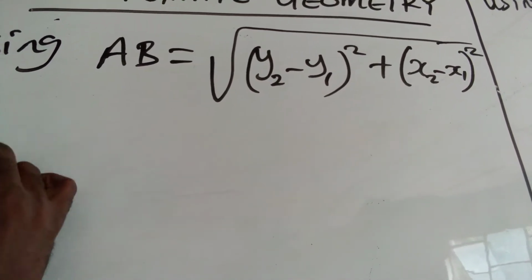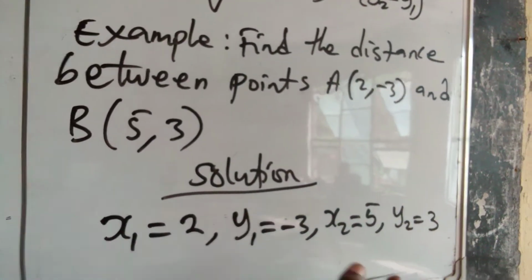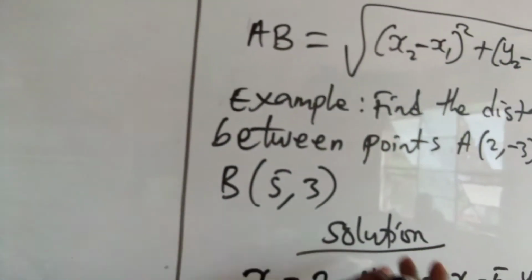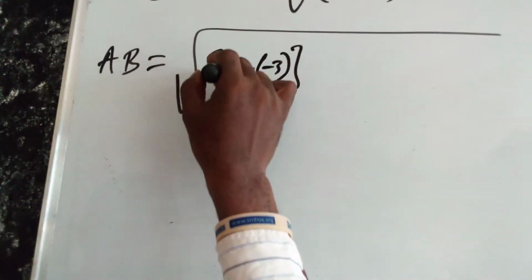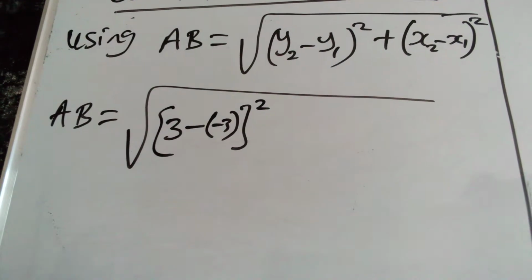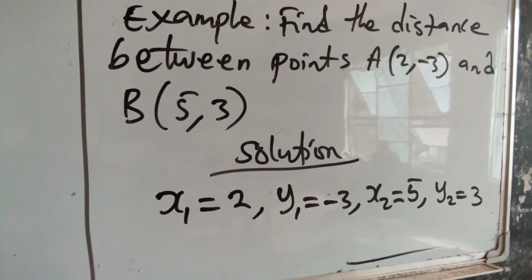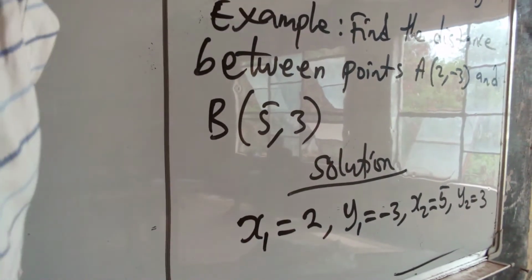After that, line AB will be the square root of, what is our Y2? Our Y2 is 3. You substitute. So you have 3 minus our Y1, which is minus 3, so you say minus minus 3, all square, plus, what is our S2? Our S2 is 5, then minus our S1, which is 2, square.